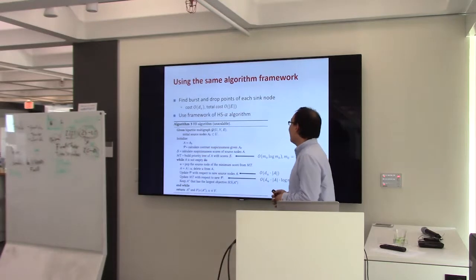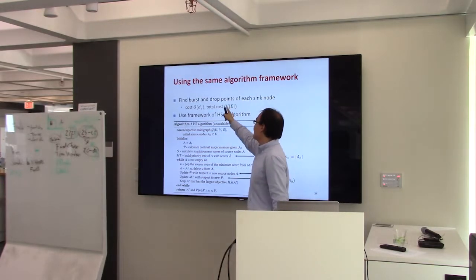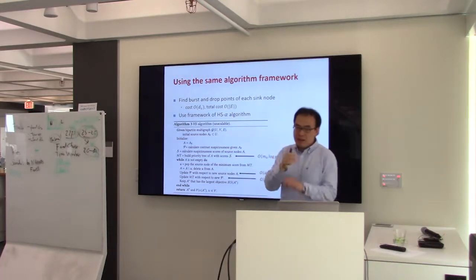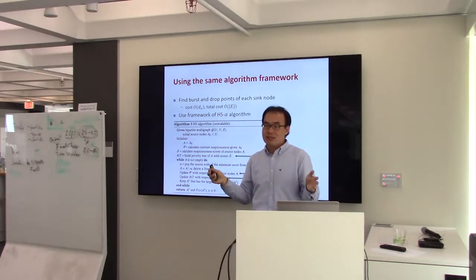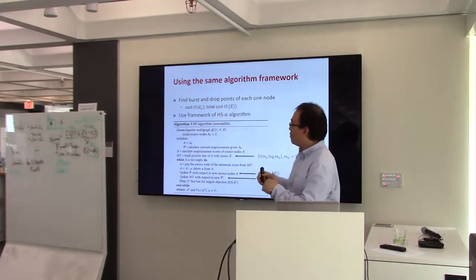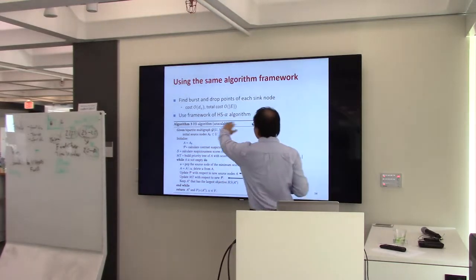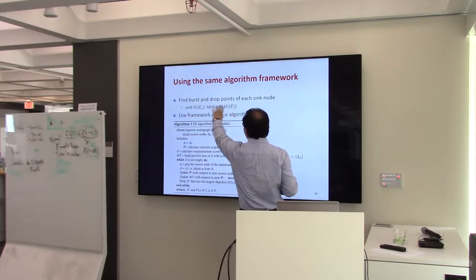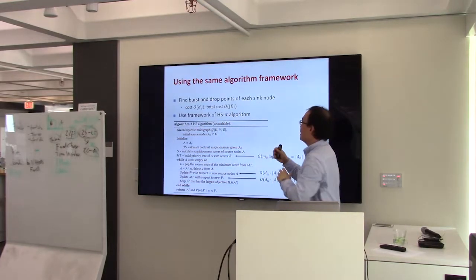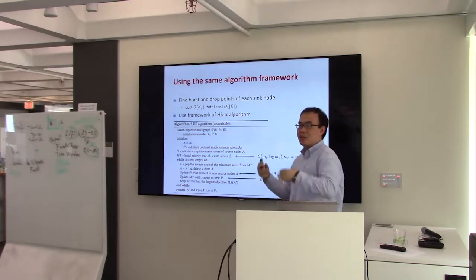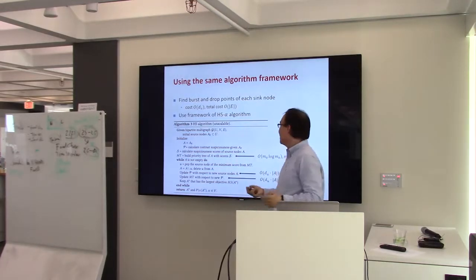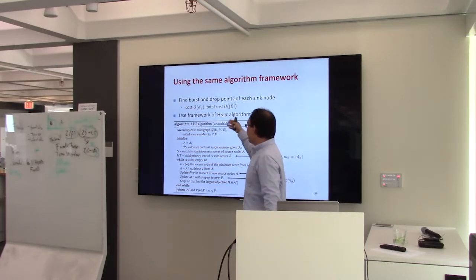So the total cost will be linear to the number of edges. And this is done once, without iteration. Before this algorithm 3, we finish finding the bursting and dropping points for each object and store them in the database. Then in the algorithm, we just feed them in.